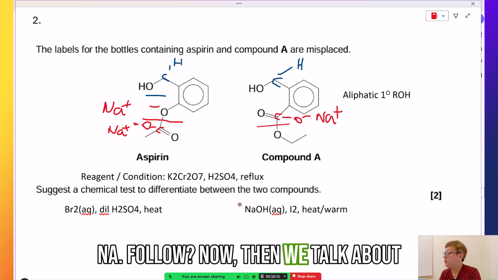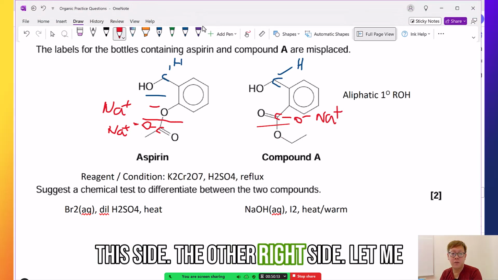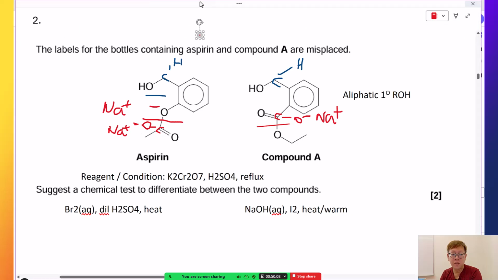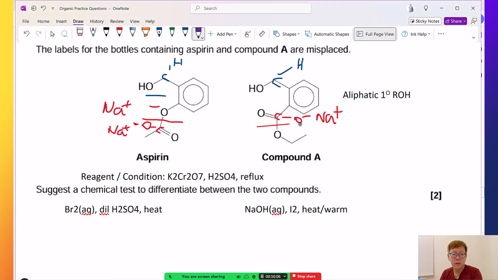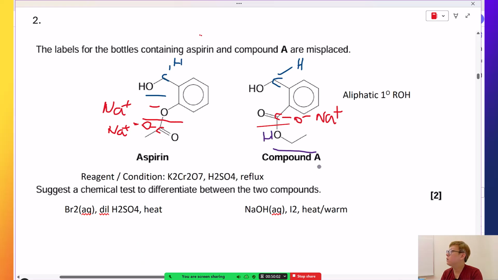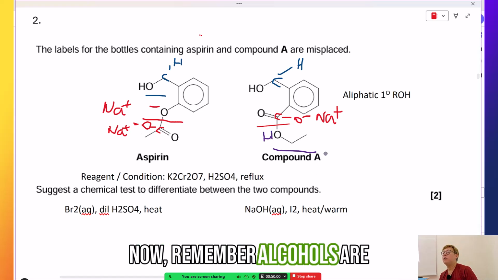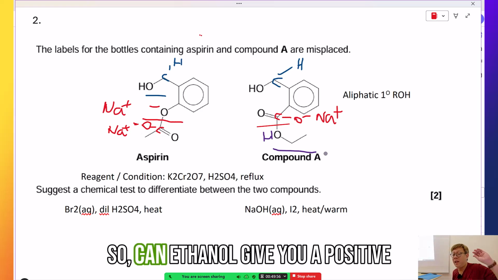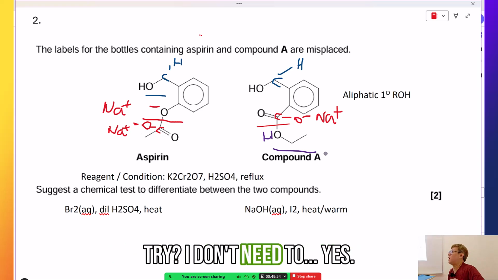Follow? Now then what about this side? The other right side, let me draw using another color. This, you're going to get an ethanol. Now remember, alcohols are neutral. Follow? So can ethanol give you a positive triiodomethane?